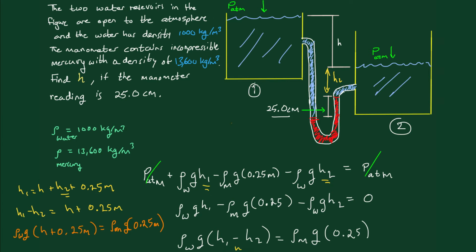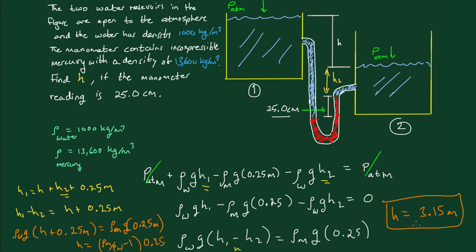Okay, and if we solve this, we find that H is equal to (rho M over rho W minus 1) times 0.25, and this gives a value of H equals 3.15 meters. Okay, so this is the correct value of H for the problem, not 3.4.